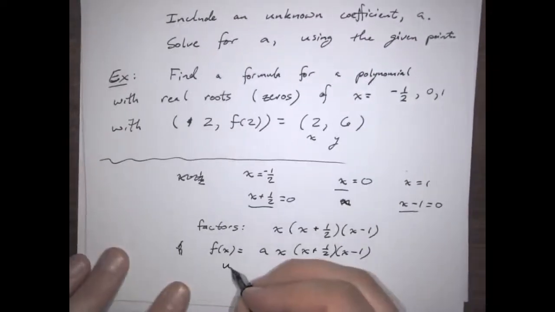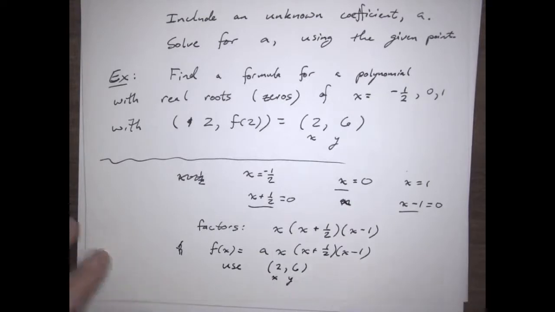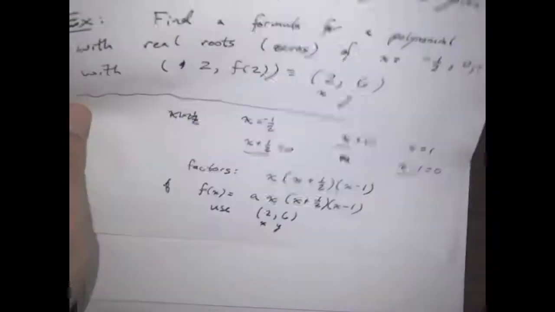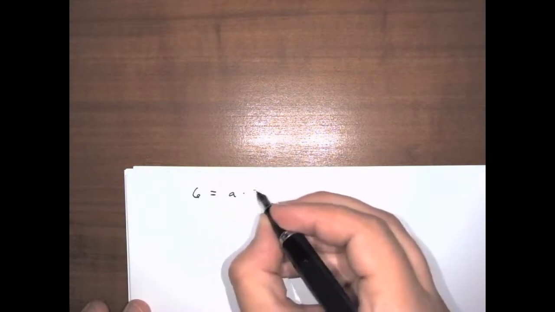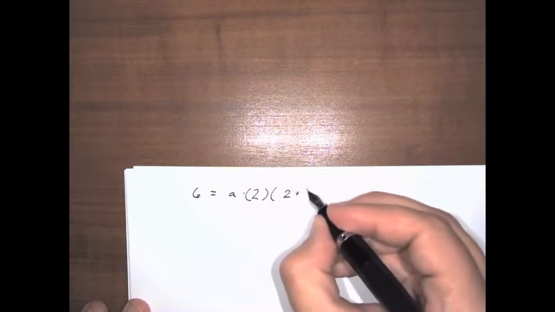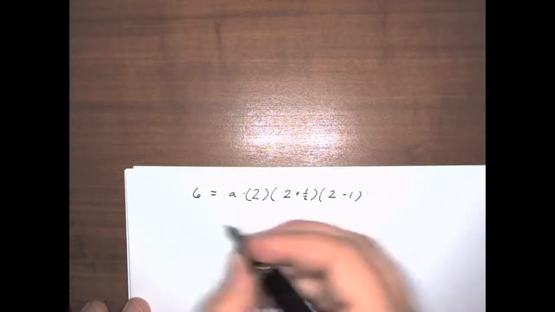Now we use the point that was given to us, 2 comma 6, and we'll use that to solve for a. So 2 is going to be the x, 6 is going to be the y. So 6 is going to equal mystery a times 2 times 2 plus 1/2 times 2 minus 1.